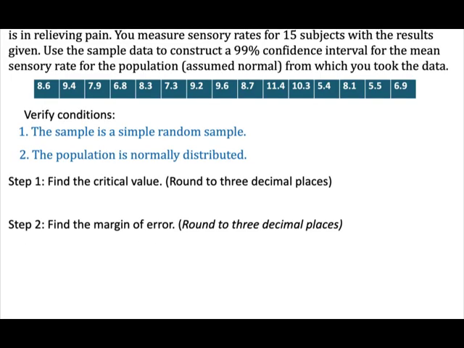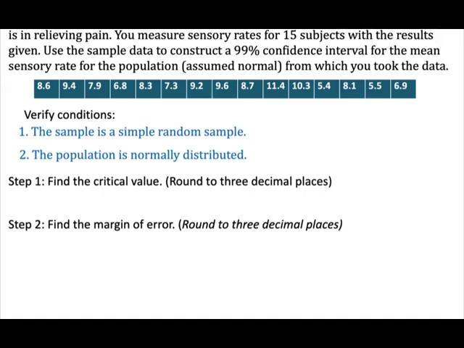Find out the critical value. And since they give you the data, you don't have the population standard deviation. From the sample data, you can only get the sample mean and the sample standard deviation. So for the critical value t here, first determine what is your sample size.